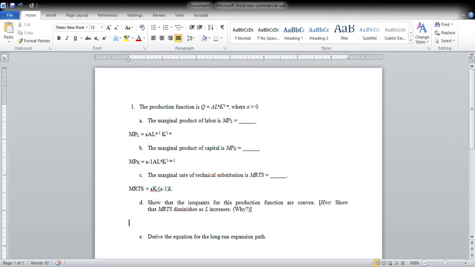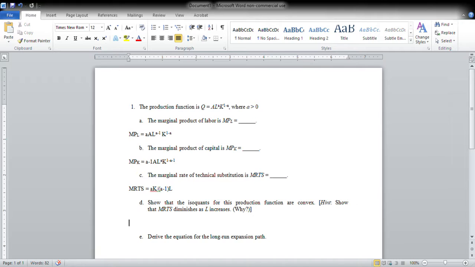So D says show that the isoquants for this production function are convex. So it's not asking if they are convex, it's asking us to show that they are convex. And its hint is show that MRTS diminishes as labor increases, and why.